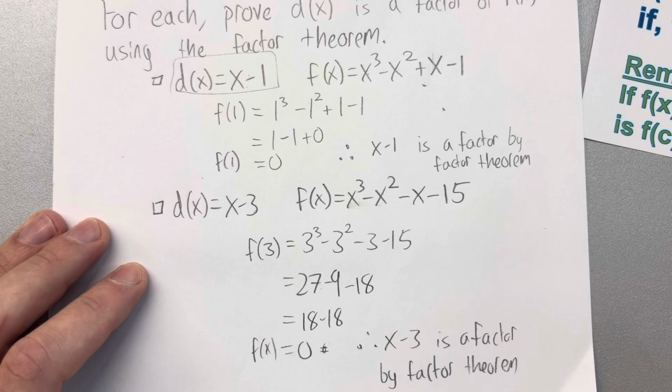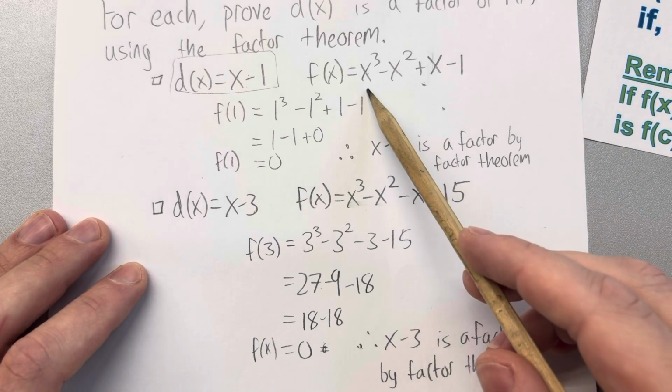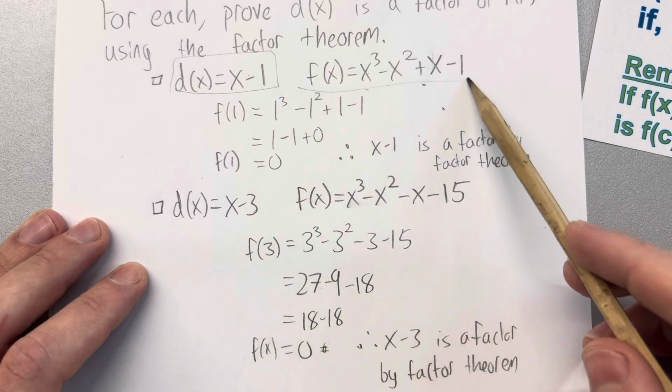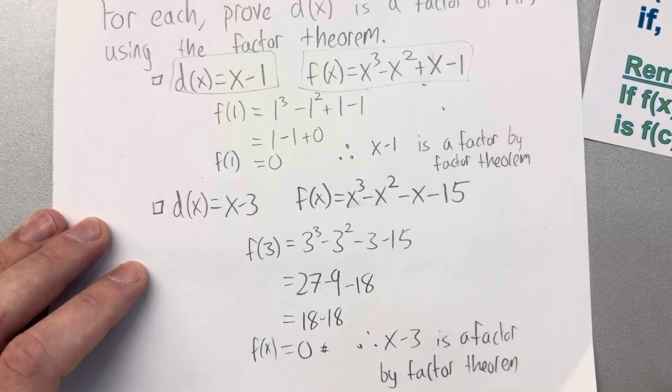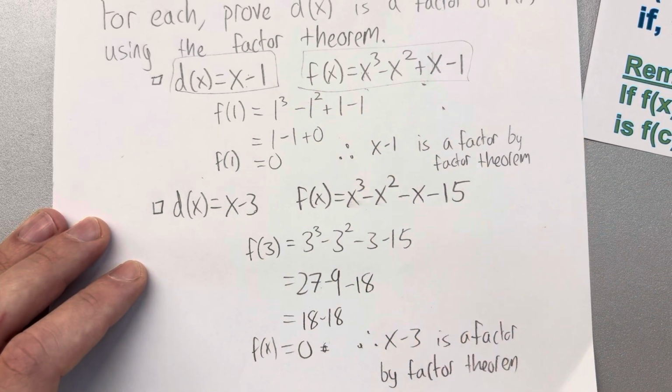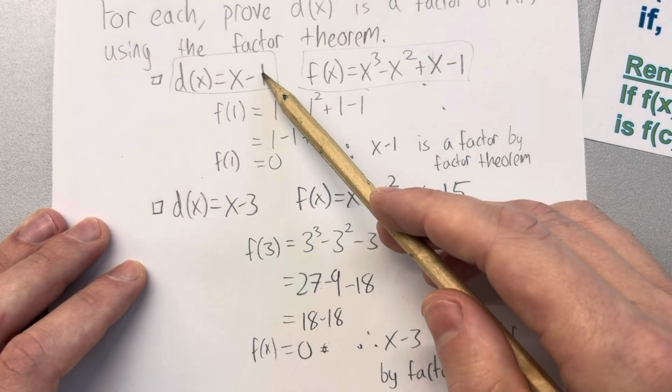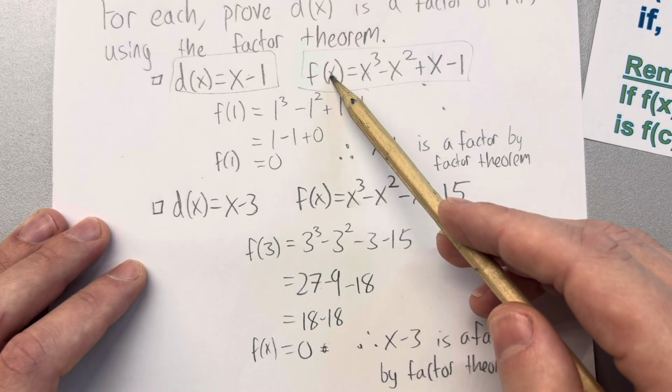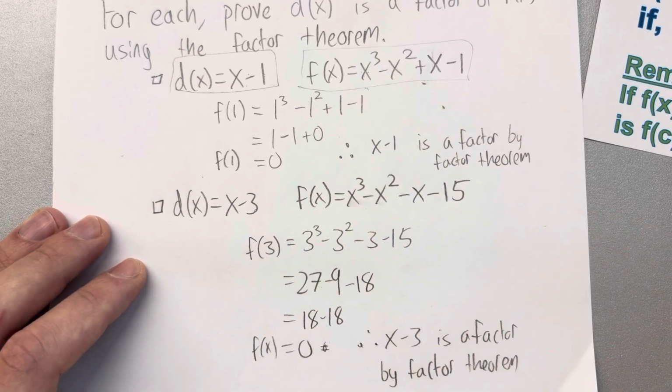If the 0 is 1, I think factor theorem is helpful because when you plug anything into a polynomial, you're raising it to powers and then multiplying by coefficients. But when you raise 1 to any power, it stays as 1. So when you're checking if x minus 1 is a factor, you're plugging in x equals 1, and you're really just adding the coefficients.